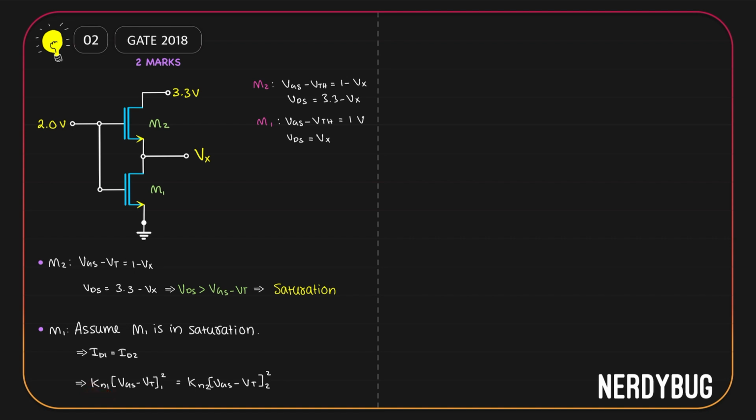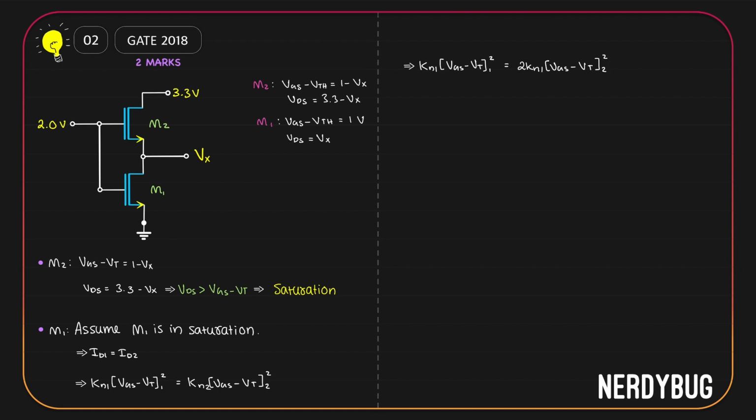Kn1 multiplied by VGS minus VT of MOSFET 1 squared is equal to Kn2 multiplied by VGS minus VT of MOSFET 2 squared. Now mu n Cox is the same for both transistors, but W by L is double for M2 when compared with M1. So Kn2 will be 2 times Kn1.